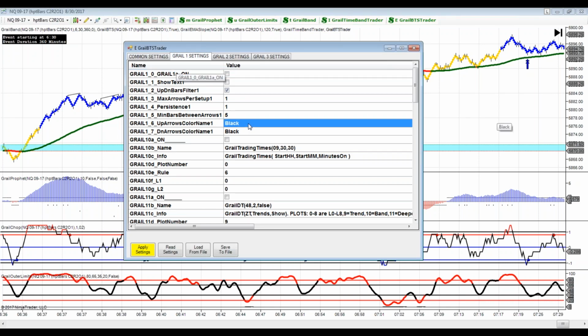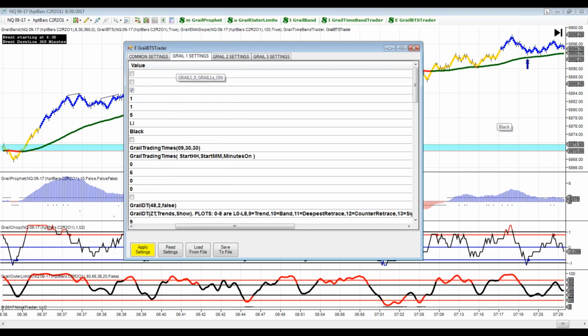I could say lime, and fuchsia. I can spell it. Is that fuchsia? Yeah. So I could do that and apply it. Okay. Now you'll be able to tell. So remember, the Grail 1s were set to black and black, but if you're running two charts, change one of them. Change it to a different color, and then you'll know.